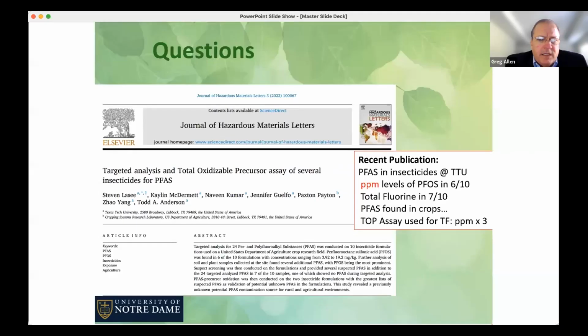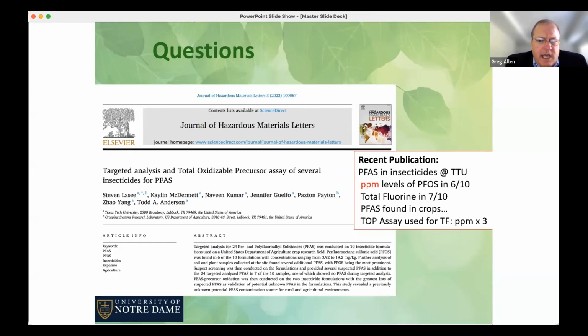So we do have some questions that have come in, and I'll read them out for us. This first one: there was a recent study by Lassie. It was targeted analysis and total oxidizable precursor assay of several insecticides for PFAS. And the paper's gotten a lot of attention.